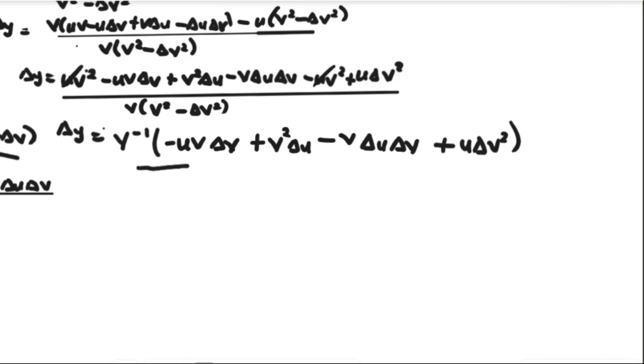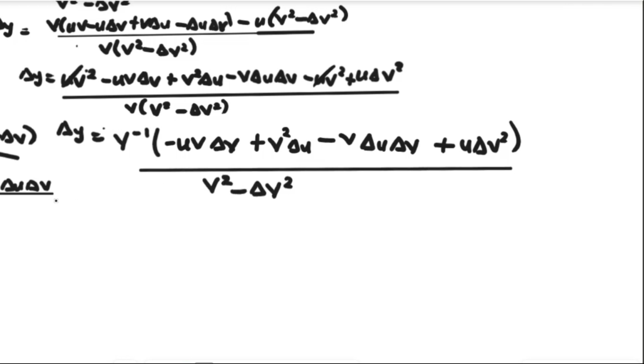Now everything is being divided by, now don't forget, it's this v that we took to the numerator that became v raised to the power minus 1. So at the denominator we'll just be left with v squared minus delta v raised to the power of 2.